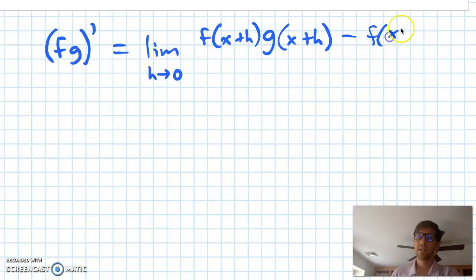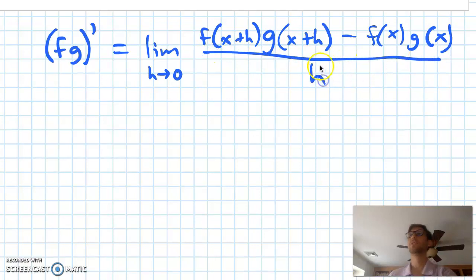So basically it's just the same thing, except now I've got my product of functions, and that is all being divided by h. So on the surface this appears to not really do anything for us. So we're going to need to manipulate things a little to get this proof going. So what we'll do is subtract out and add in an f of x plus h times g of x to the numerator.